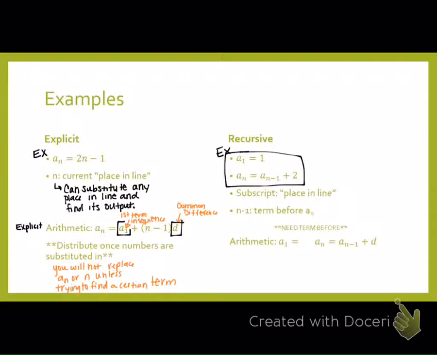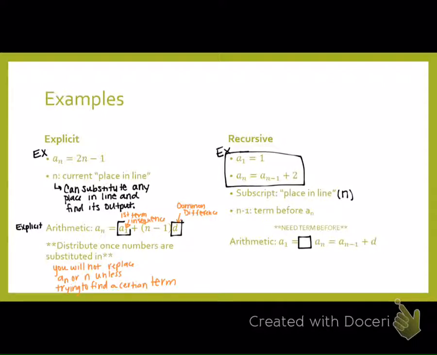So the subscript again, n is the place in line. We've talked about that already. What term you are trying to find. N minus 1 is the term before, so you need the term before. So the arithmetic sequence is a sub 1 equals something. And then you have a sub n equals a sub n minus 1 plus d.